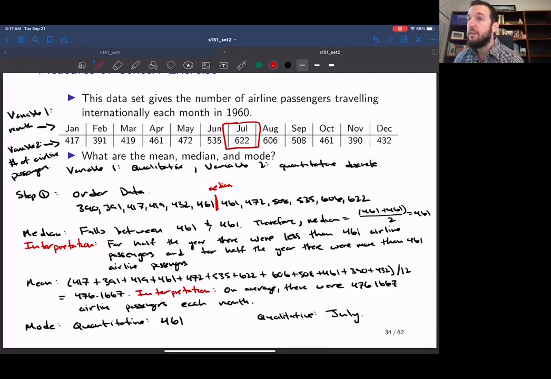So the interpretation of this is a little bit more straightforward, because in this case, we can just say July had the most airline passengers. So therefore it is the modal month, right?